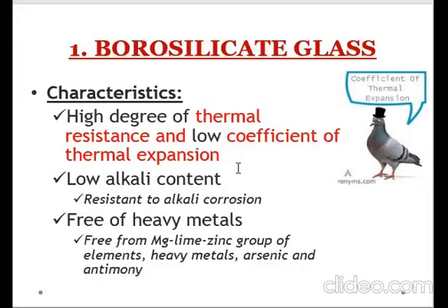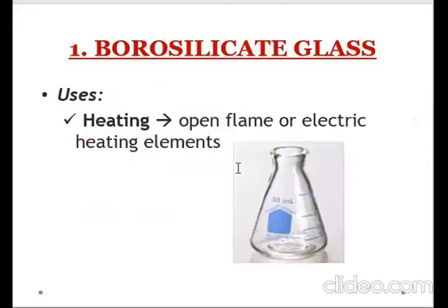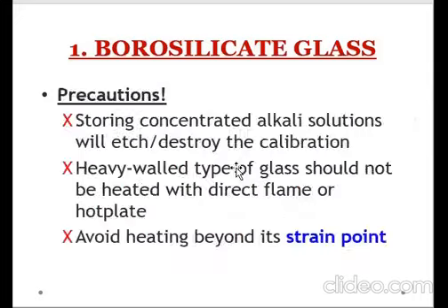Okay? It is free of heavy metals. And then, another, you can actually use your borosilicate glass for heating. But again, we also have precautions for heating. Okay, so what are these precautions I'm always talking about? So there are actually 3 precautions that I would like to emphasize when using borosilicate glass.